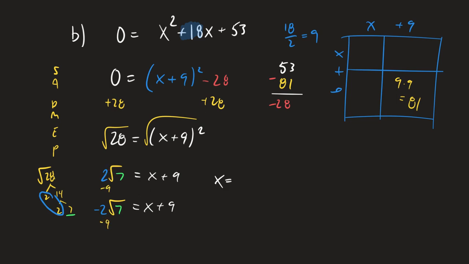X equals negative 9, the normal number should go first, and then the positive 2 radical 7. And the next one, x equals negative 9, and this time minus 2 radical 7, so negative 2 radical 7.